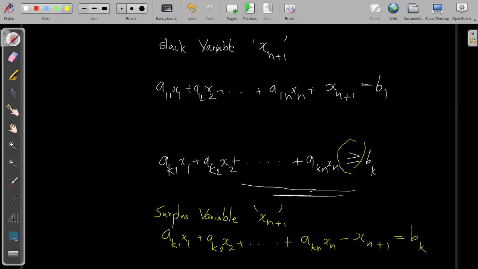Before discussing that, you should be familiar with some terminologies. Once you convert your LPP into the standard form, the next step is to solve for the decision variables. So before getting into that, some more terminologies we have to discuss.